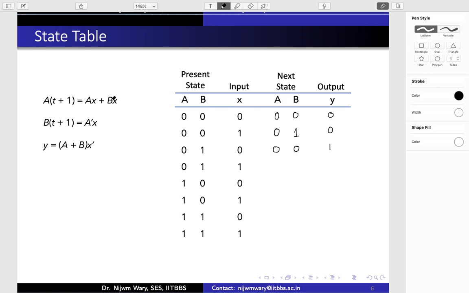So now if you see here for the A, of course this is 0 and 1 and this is 1 and 1.